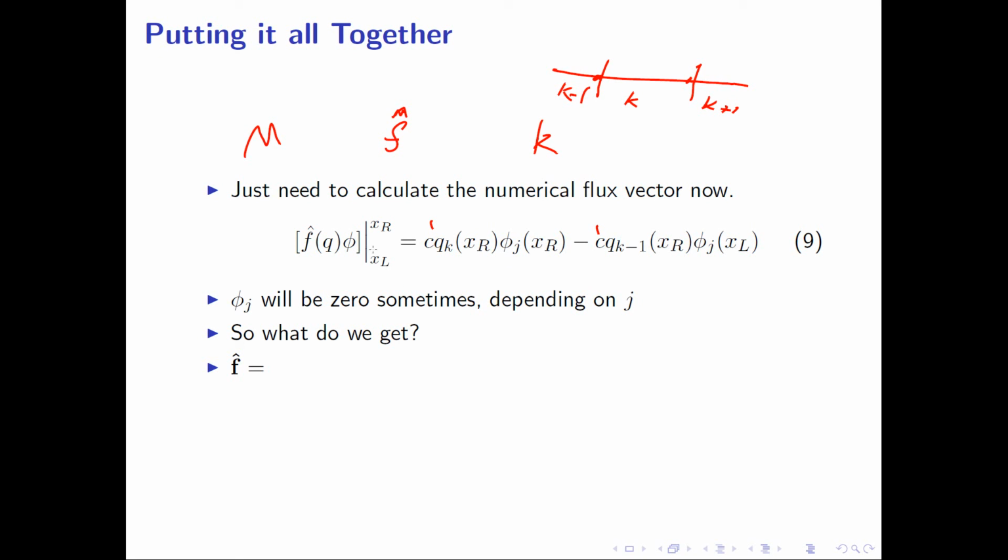So notice that because of our definition of our weighting bases as ramp functions, they are 0 on one side. So if this is our weighting basis 0 and our weighting basis 1, clearly weighting basis 0 is 0 on the right side of the element, and weighting basis 1 is 0 on the left side of the element. So again, this is for each of our weighting bases.